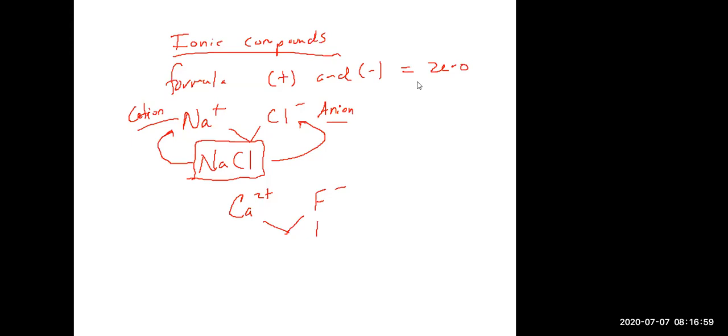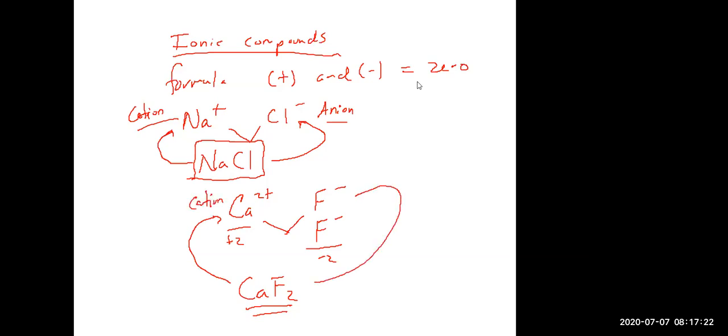So to balance it, we need two of these guys. -1 twice gives us -2 and our +2, and our correct formula would be CaF2. Again, overall charge here is 0, but it is still made up of a cation, which is this guy here, and an anion, which is this guy here.